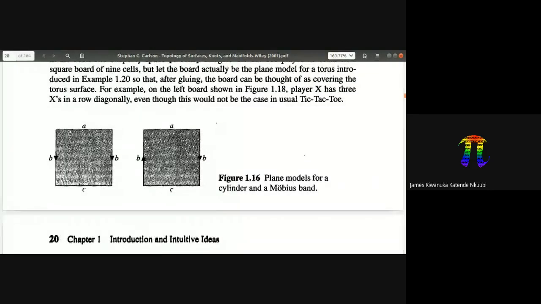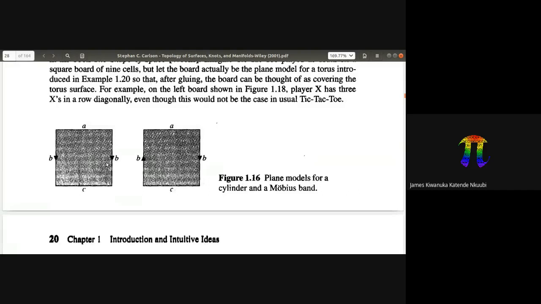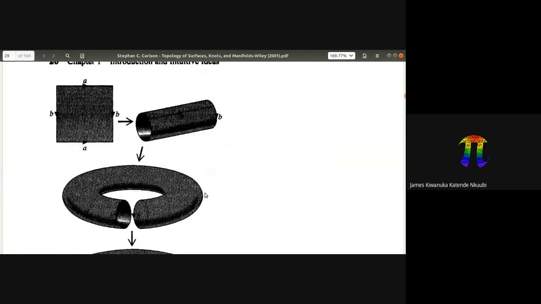So here are 2 plane models, one for the cylinder and one for the Mobius band. Read it very carefully so that you understand what these 2 arrows represent. Why in this case, for the cylinder, the arrows are both facing the same direction. For the Mobius band, the arrows are facing in opposite directions. The next one is a construction of a torus.